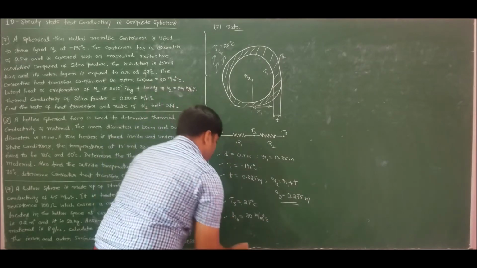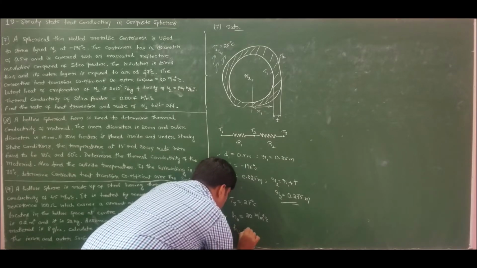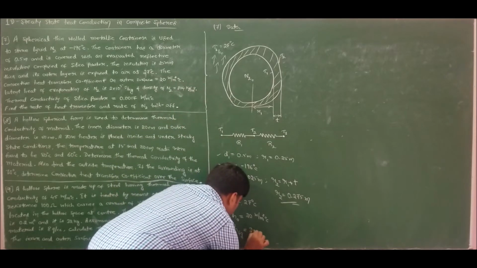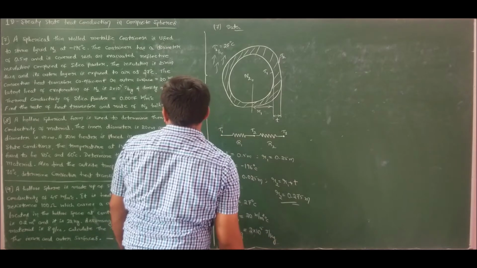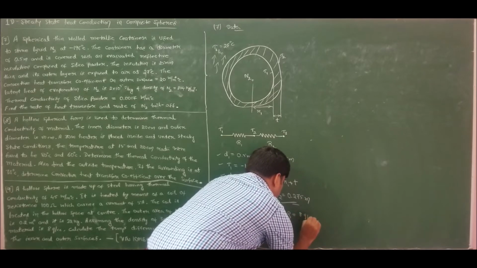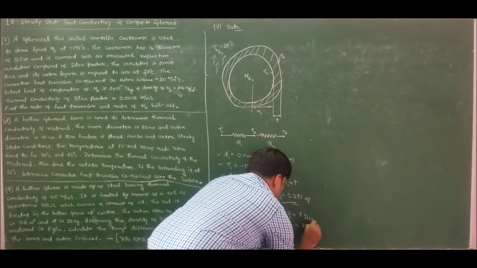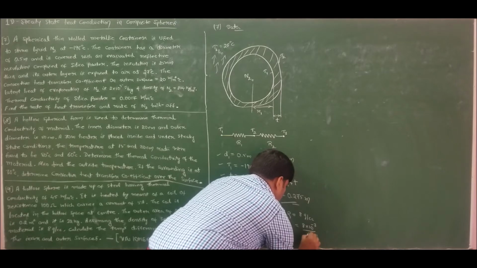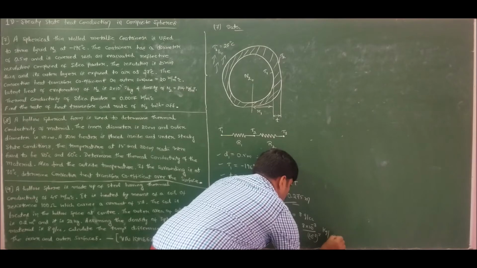The latent heat of evaporation is hfg, the enthalpy of two phase, which is 2 into 10 to the power of 5 joules per kg, and we know the density, which is 8 gram per cc, which is nothing but 8 into 10 to the power of minus 3 kg divided by 10 to the power of minus 2 whole cube, which gives us the value in kg per meter cube.